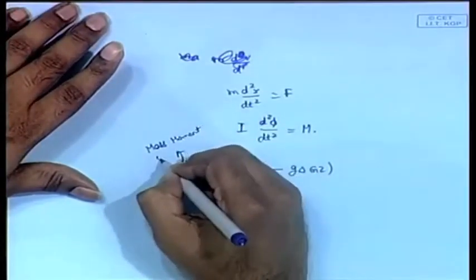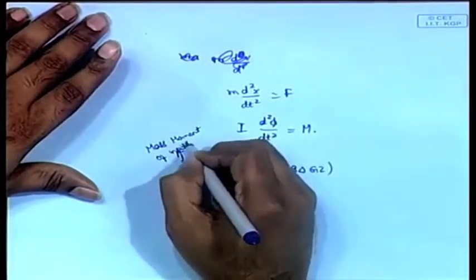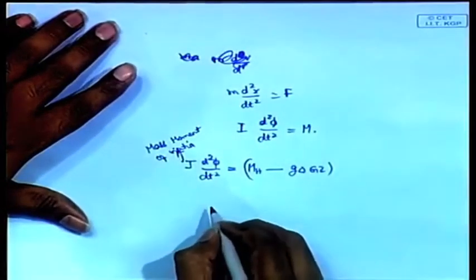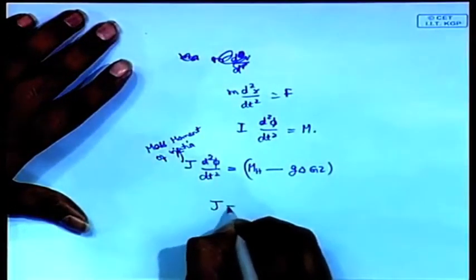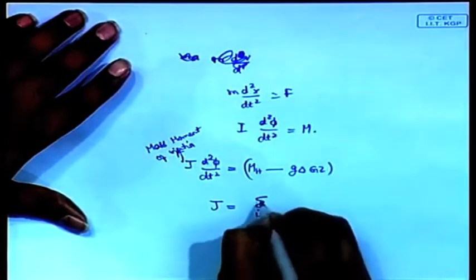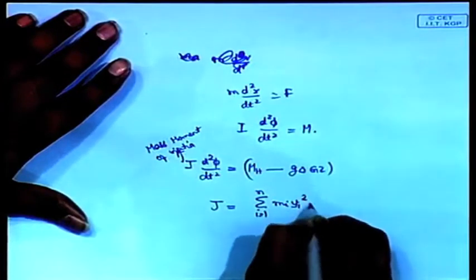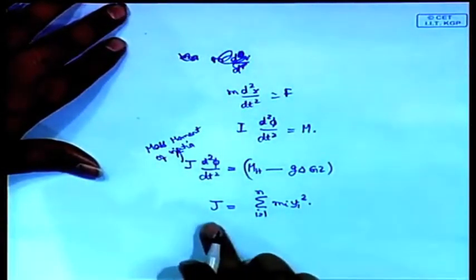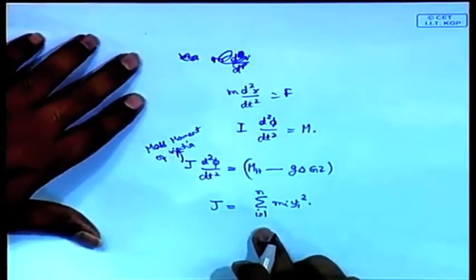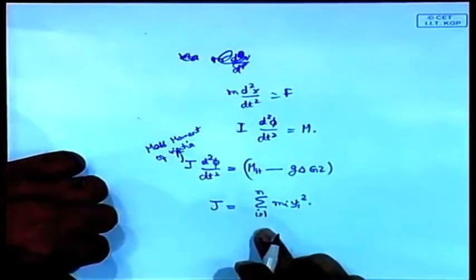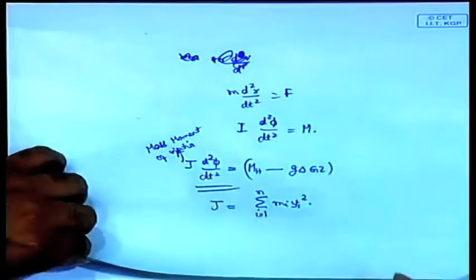Therefore j is actually defined as the integral of m y square. So this is known as the mass moment of inertia. So this is j.